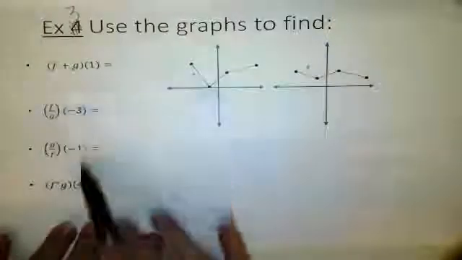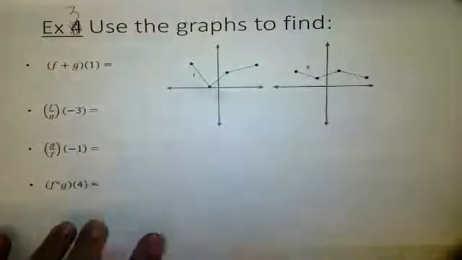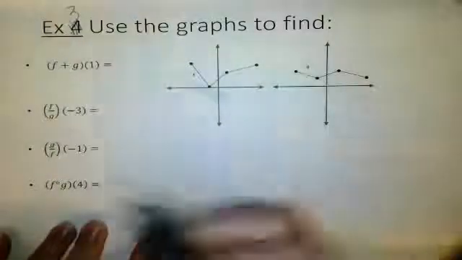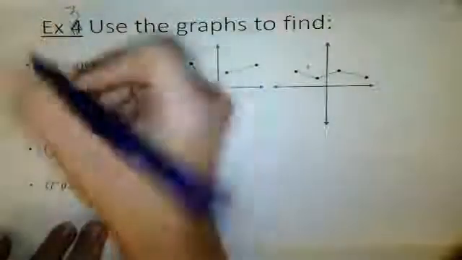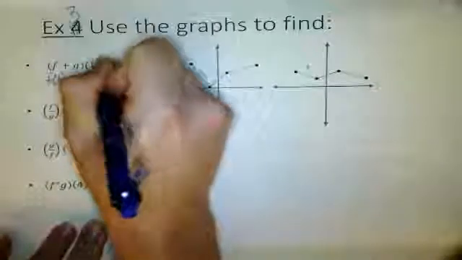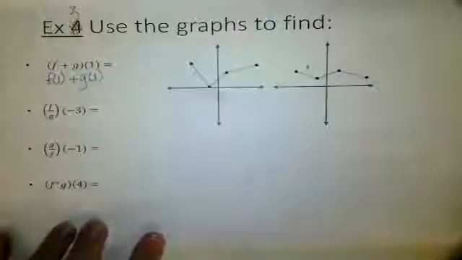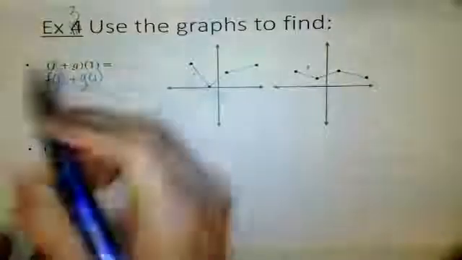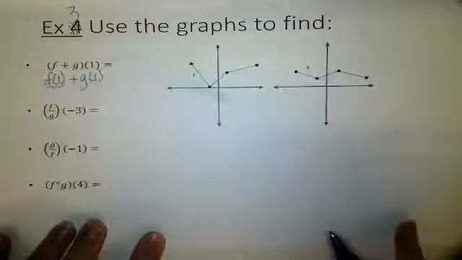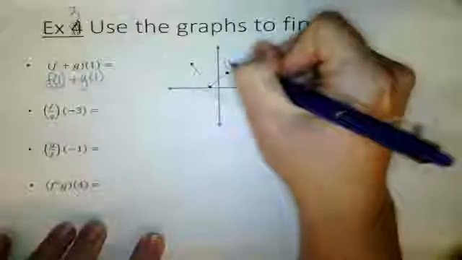And again, the key to all of this notation is actually understanding really what it means. What does f plus g of 1 really mean? f of 1 plus g of 1 is what that really means. And now we can look at our f function. What is f at 1? 2, yeah.